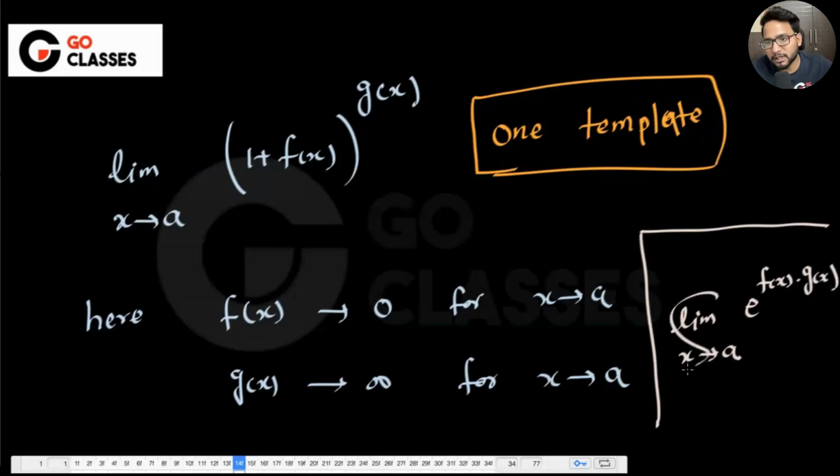Should I be removing this limit x tends to a? Obviously no, right? Yes. ये सही है ना? हाँ. So basically it's just like you are taking this out and then you are doing this. Okay.